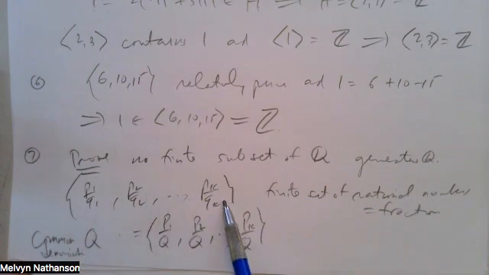If I take the product of all the denominators and call that Q, that's a common denominator for these fractions. So if I have any finite set of fractions, I can always write them with the same denominator and different numerators.